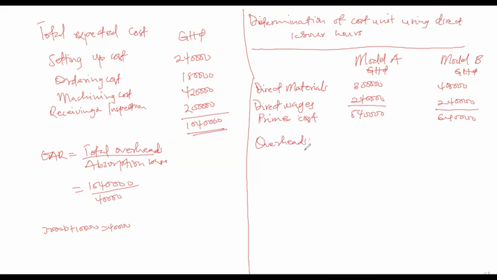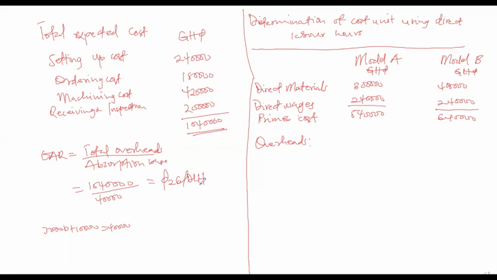So when we come to the overheads for the traditional approach for applying the direct labor hours, since the recommended absorption base is the direct labor hours, we are going to multiply the number of direct labor hours used by module A by the rate, which is 26 cedis per direct labor hour.